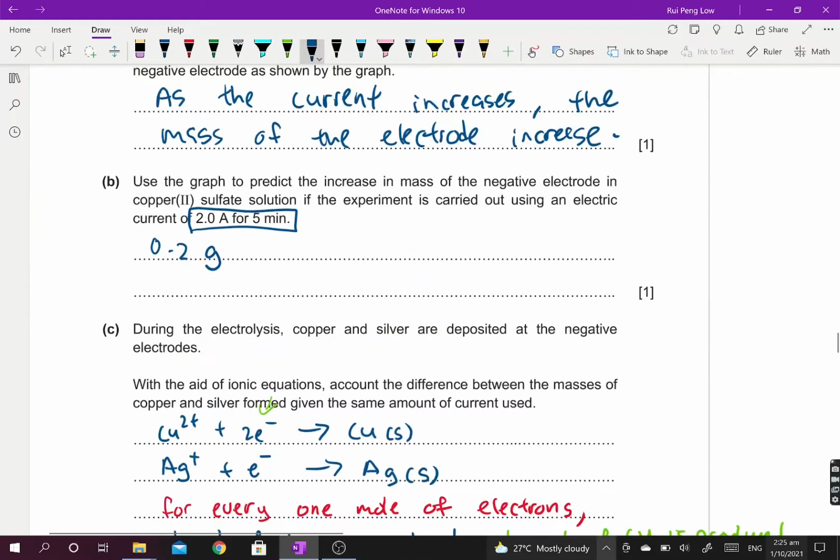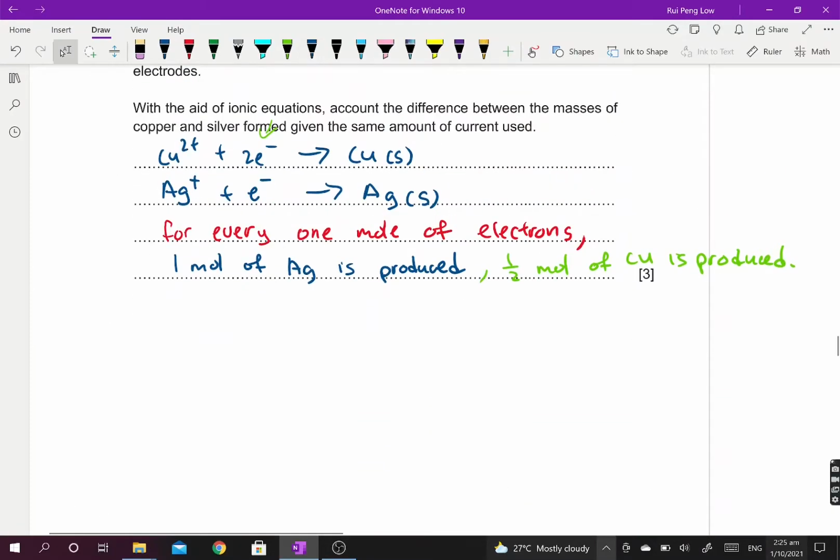But this is not the only reason, because we also need to remember that mass is equal to mole times Mr. So on top of the fact that the mole plays a part in affecting the mass, the Mr also plays a part.